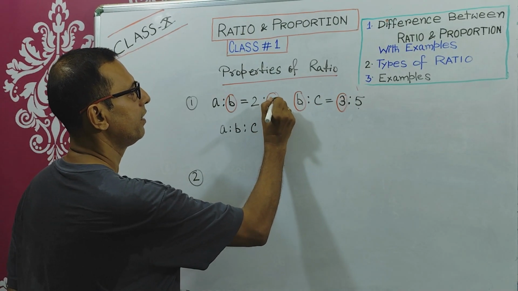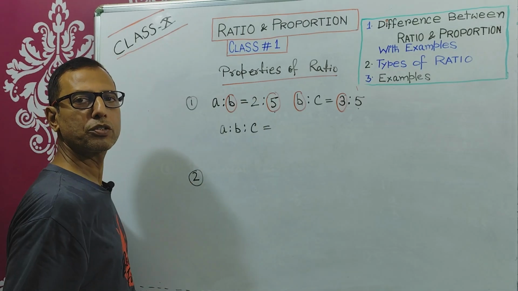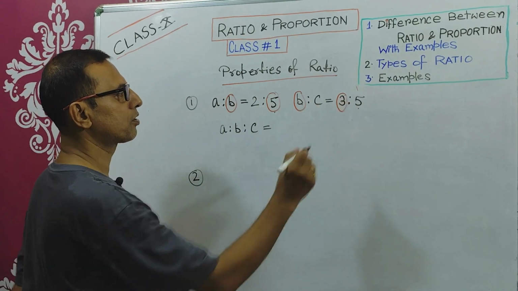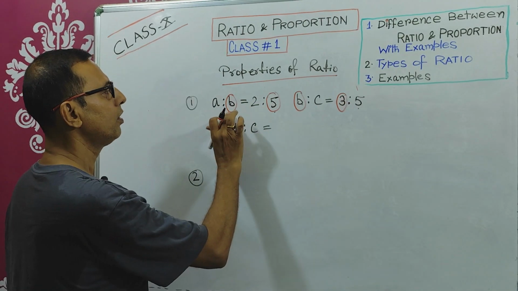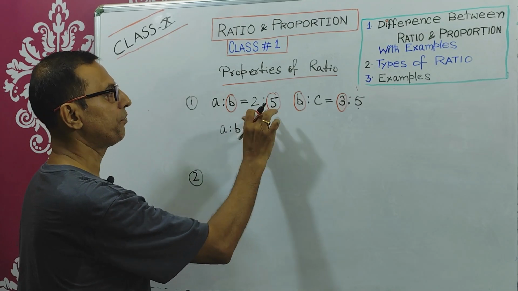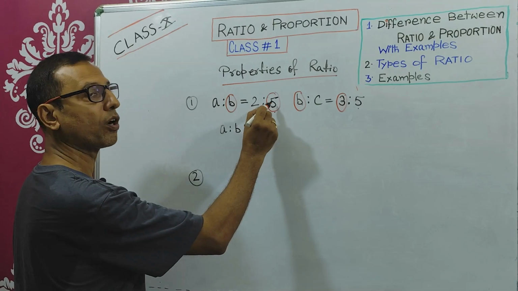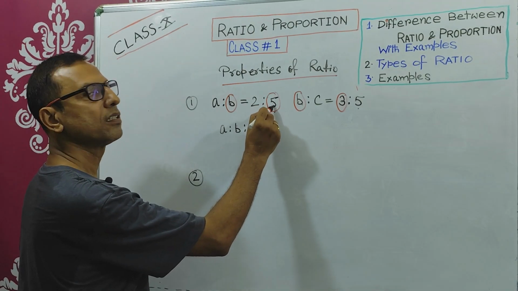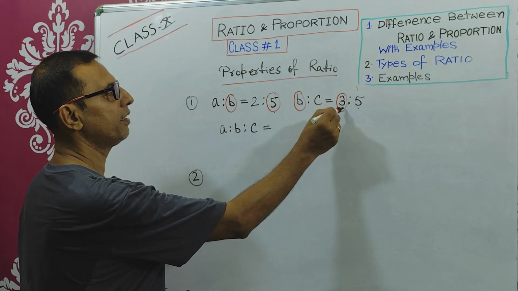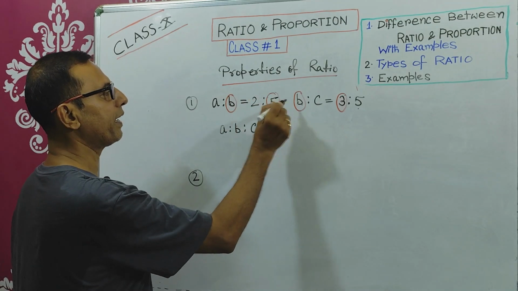Let's say A is to B equals 2 is to 5, and B is to C equals 3 is to 5. Now the entity B is the same, but here B is 5, and here it is 3. Now you need to make these two equal.